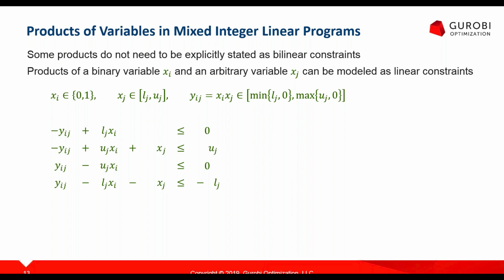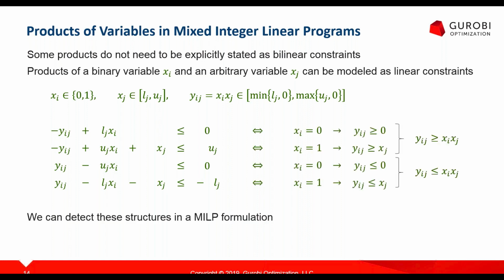And now if you look at those in a bit more detail, then you see that they just model indicator constraints. So let's take the first constraint here as an example. This just says, if xi is equal to 0, then the yij variable has to be larger or equal to 0. On the other hand, if xi is equal to 1, then this first constraint says that the yij variable should be larger or equal to lj, the lower bound of the xj.